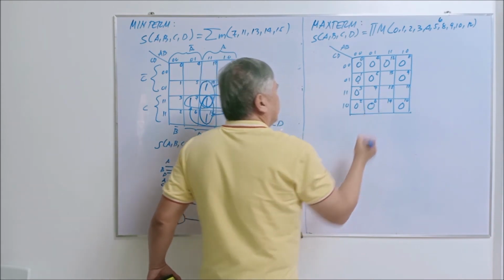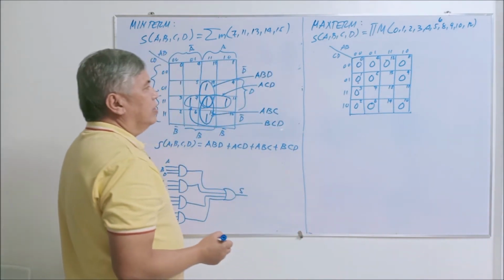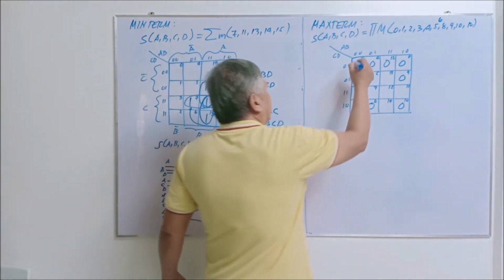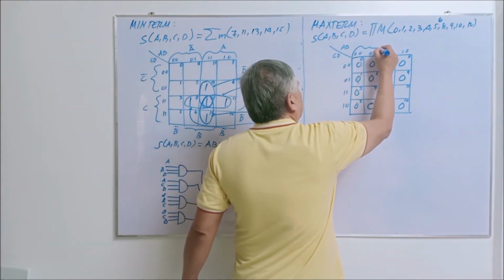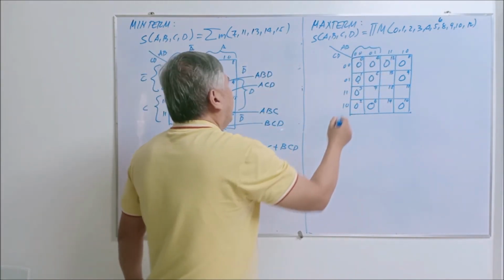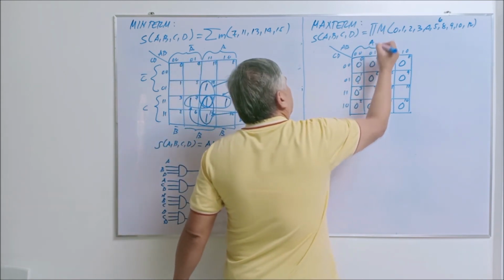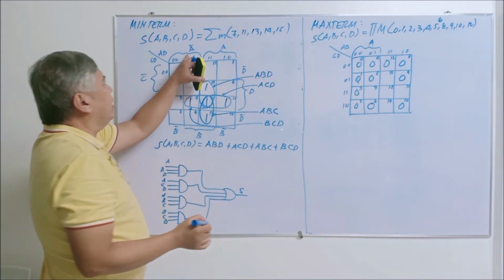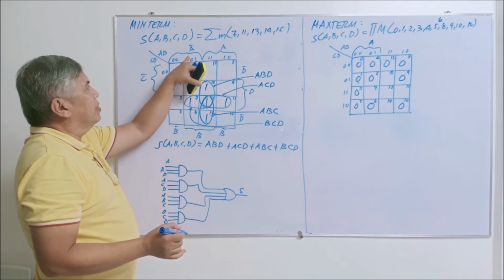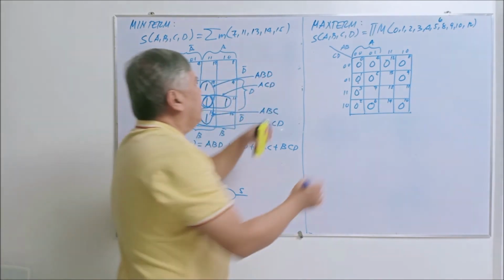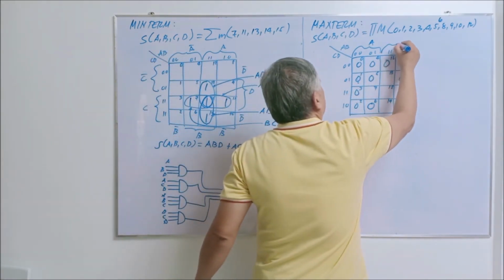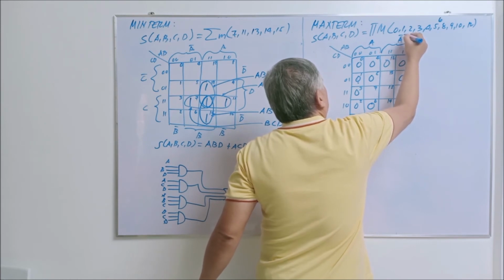You have 0. Okay? Then we all know that this one here belongs to A in our max term. So it is the opposite of the min term. So this time this is A and this one here is A bar.